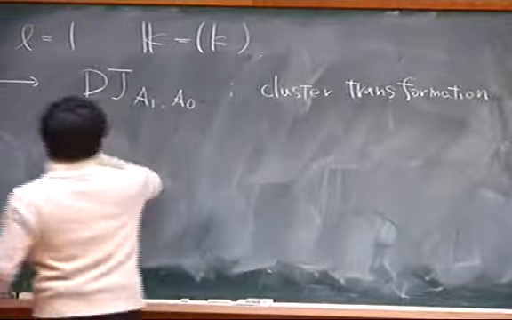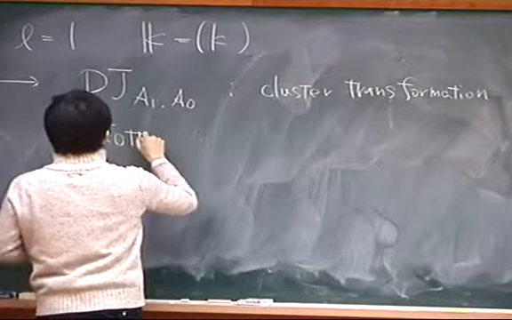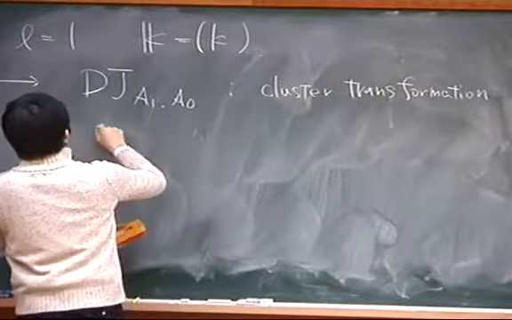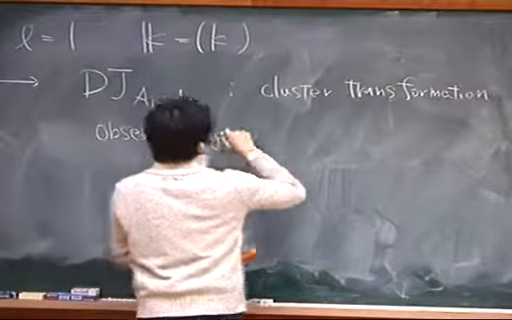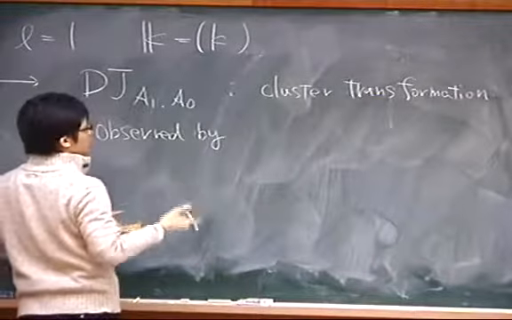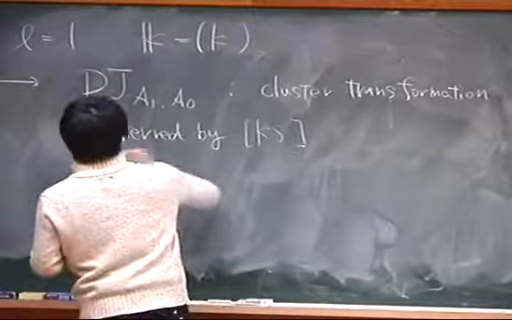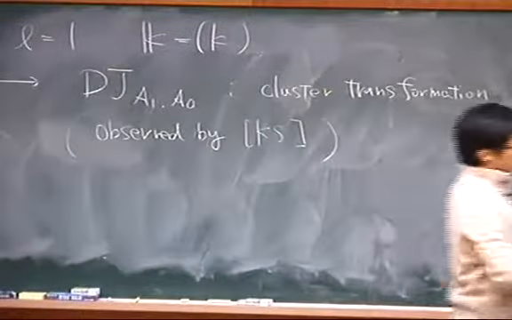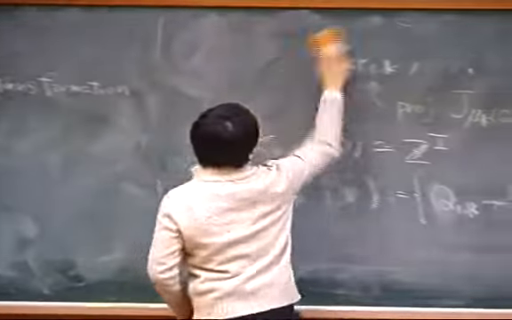They observed that the cluster transformation appears in the transformation formula for non-commutative Donaldson-Thomas invariants under a single mutation. But today I provide a transformation formula for the composition of mutations.